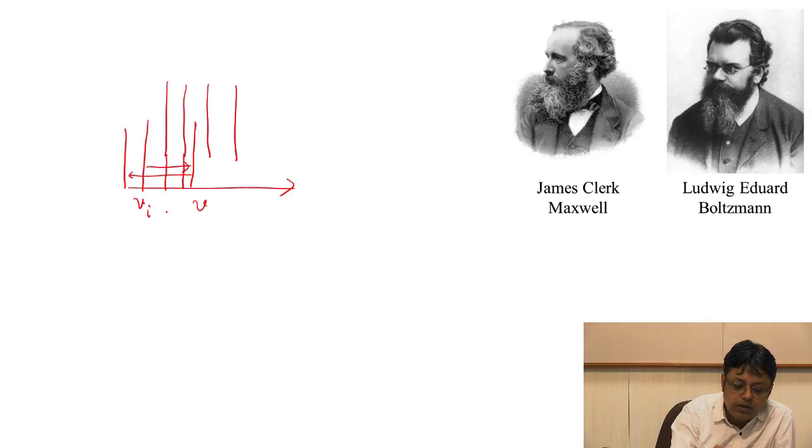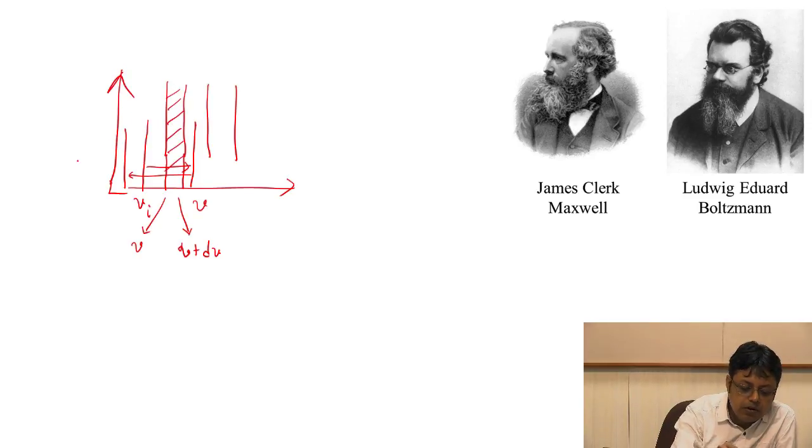So if you consider a narrow range of speed, say v to v plus dv, within this narrow range, if I plot on this axis the probability of these molecules having some speed v, that will be kind of constant within this range.